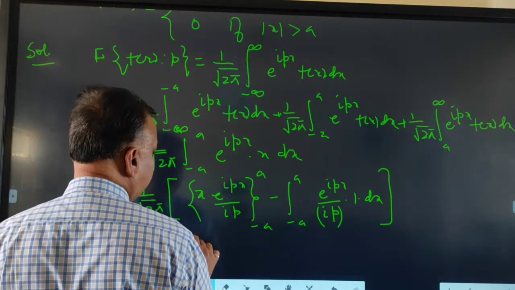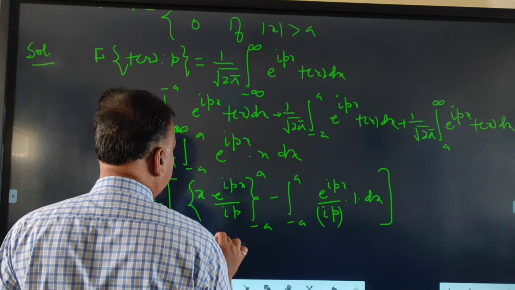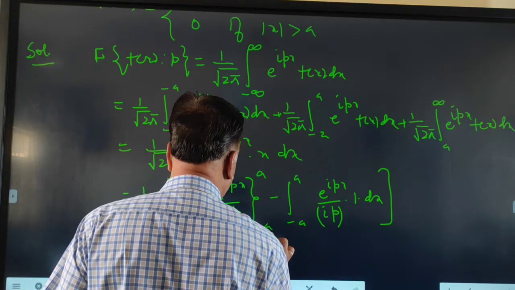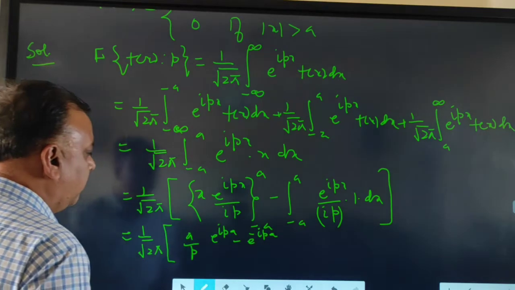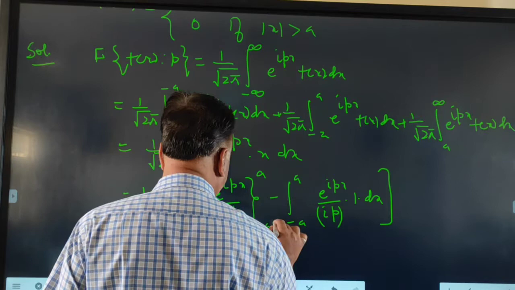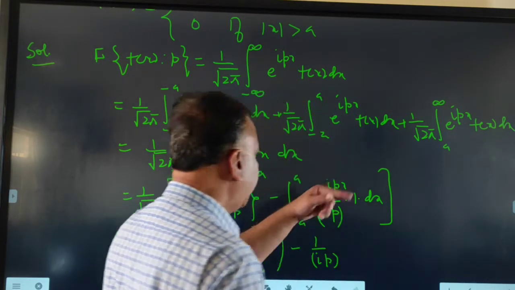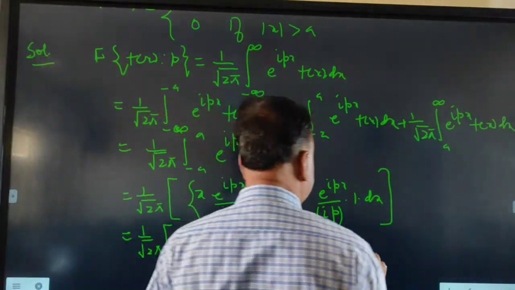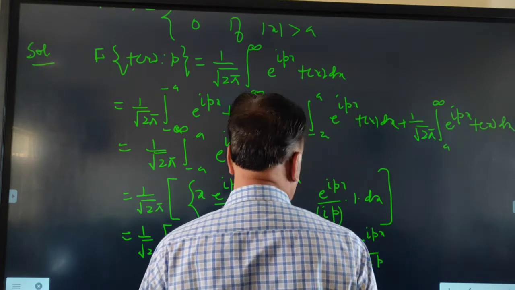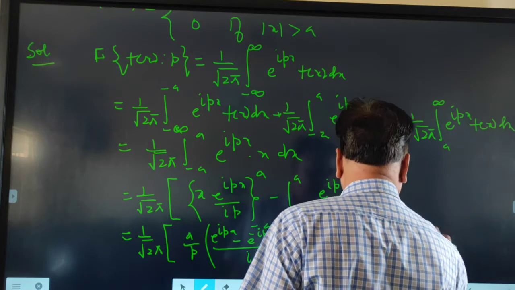Now putting in the limits, we get 1 upon root 2 pi times [a upon p times (e raised to iota pa minus e raised to minus iota pa)/iota minus 1 upon iota p times the integral of e raised to iota px]. Integrating e raised to iota px, we get e raised to iota px upon iota p, with limits from minus a to a.